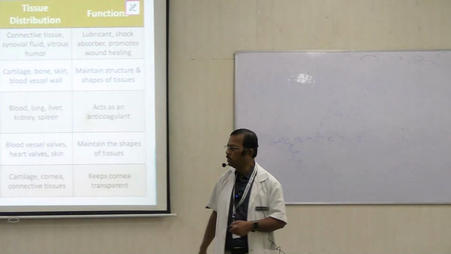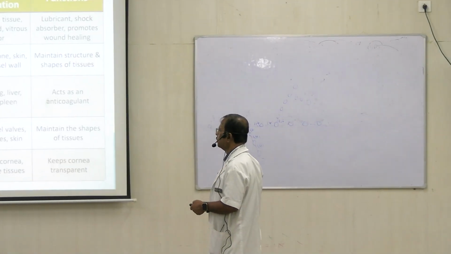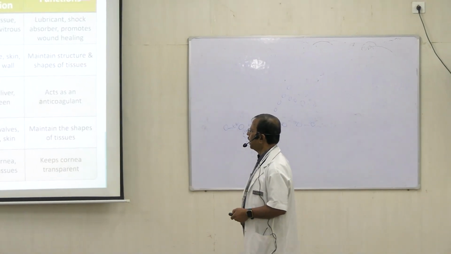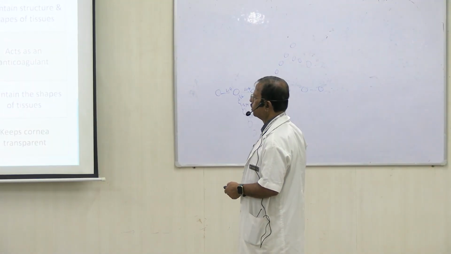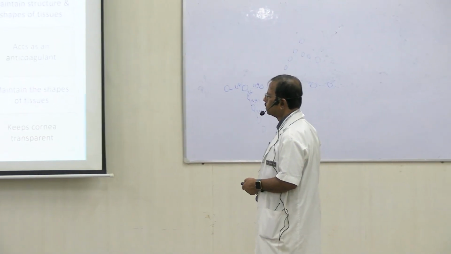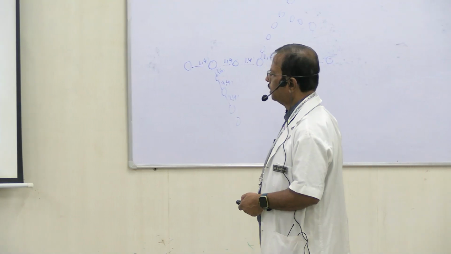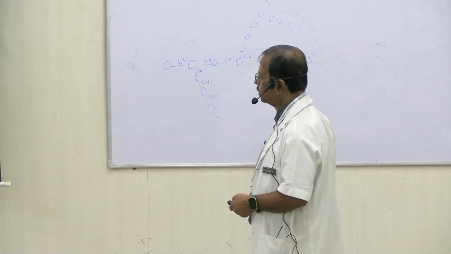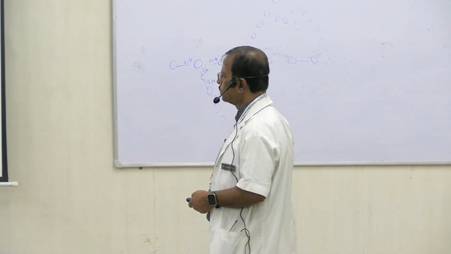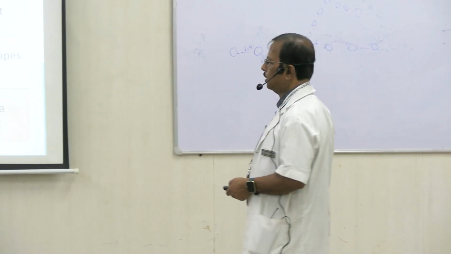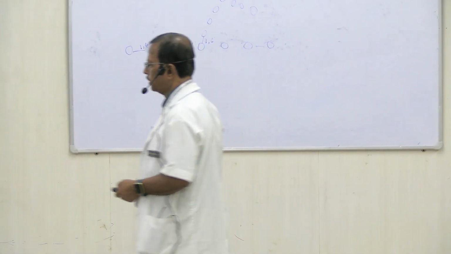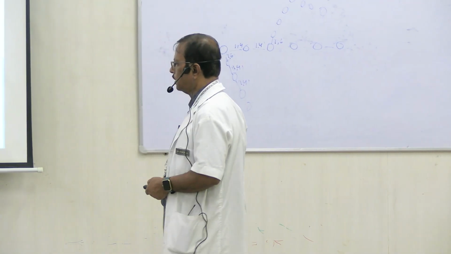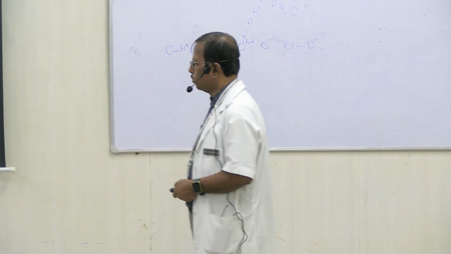The disaccharide unit in hyaluronic acid is glucuronic acid and N-acetyl glucosamine. In chondroitin sulfate, it is glucuronic acid and N-acetyl glucosamine 4-sulfate. Heparin is glucuronate 2-sulfate and 2-sulfoglucosamine 6-sulfate. Dermatan sulfate is iduronic acid and N-acetyl glucosamine sulfate. Keratan sulfate is D-galactose and N-acetyl glucosamine sulfate.